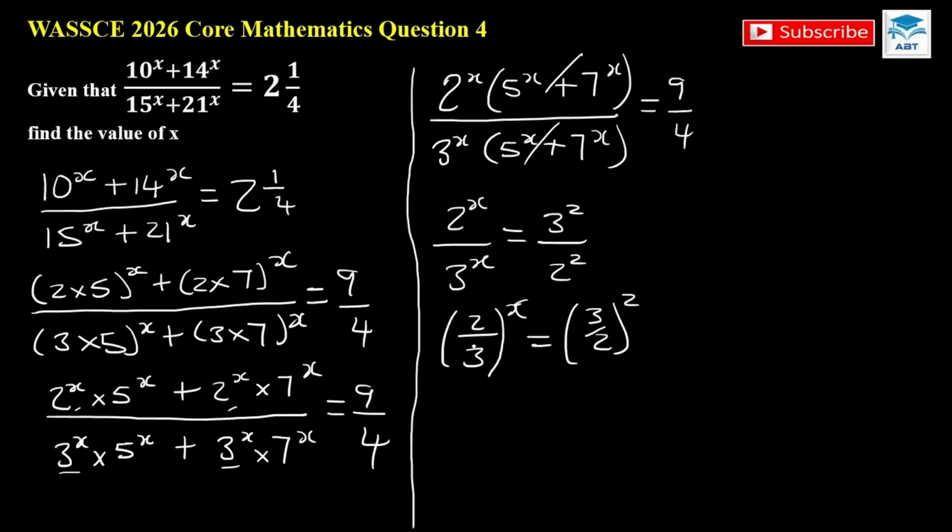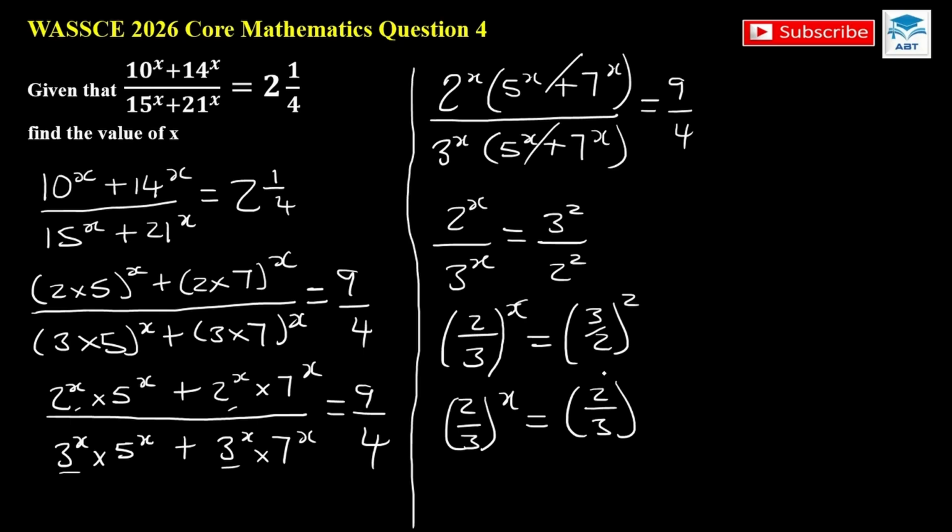And looking at the left hand side of the equation, we have 2 over 3, but the right hand side is 3 over 2. We want them to be equal. So we have 2 over 3 here, exponent x. Then we find a reciprocal of 3 over 2, which is 2 over 3.